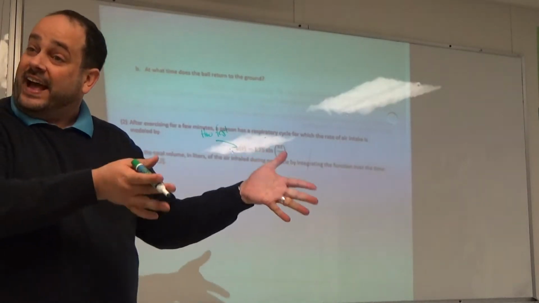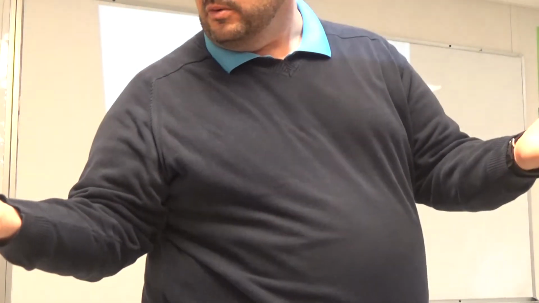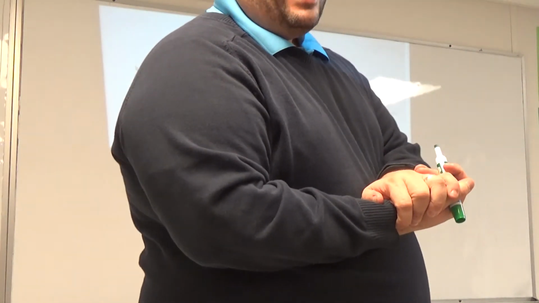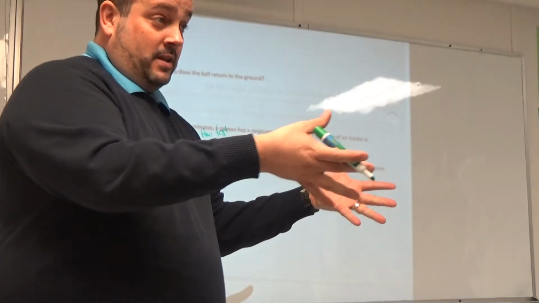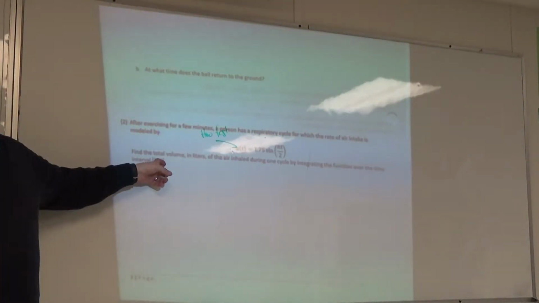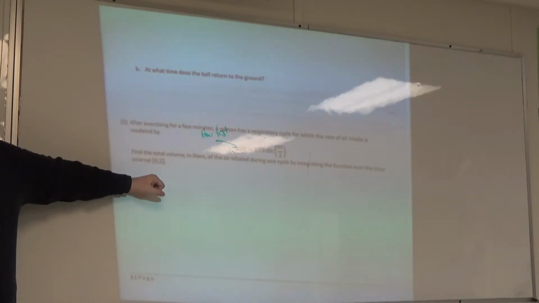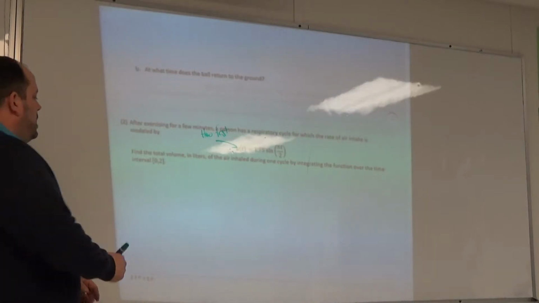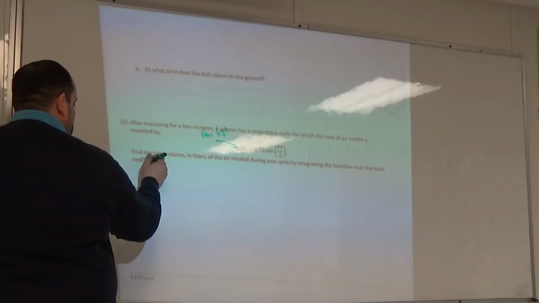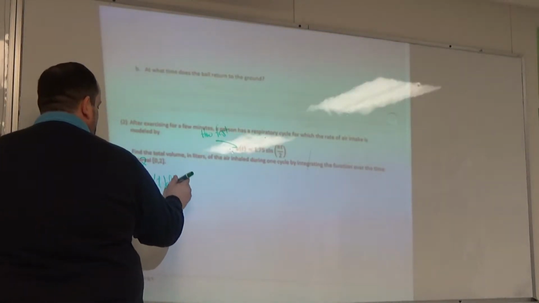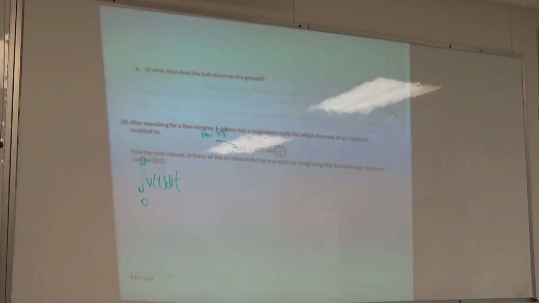If you've got a how fast function and you want a how much, the bells and whistles have to go off in your head and you realize that this has to be a definite integral. So the right setup is going to be the definite integral from 0 to 2 of V of t dt, and I know a whole lot of you guys had that right.